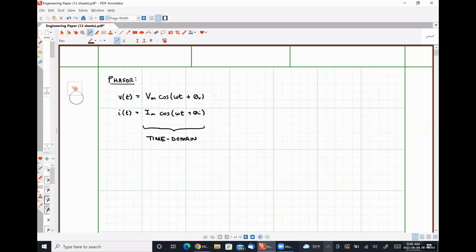I had shown you that this sinusoidal voltage was the real part of the following complex voltage, Vm e to the j(omega t plus theta v), and our sinusoidal current i(t) could in turn be expressed as the real part of this complex number, Im e to the j(omega t plus theta i).